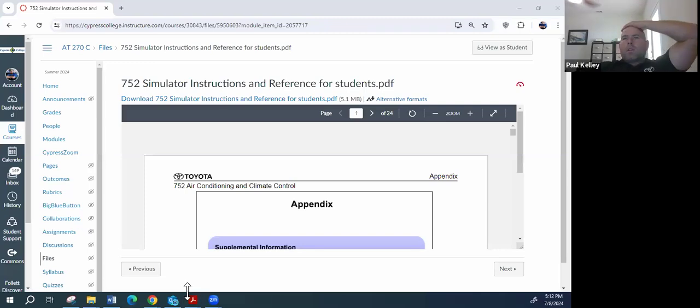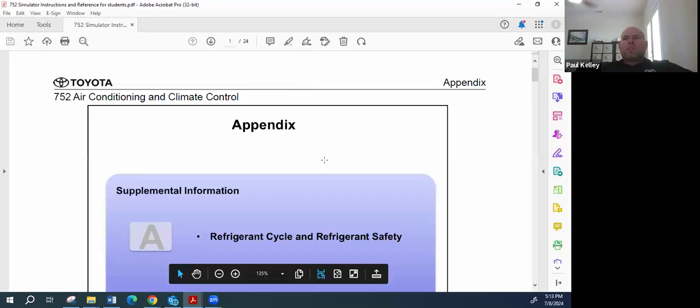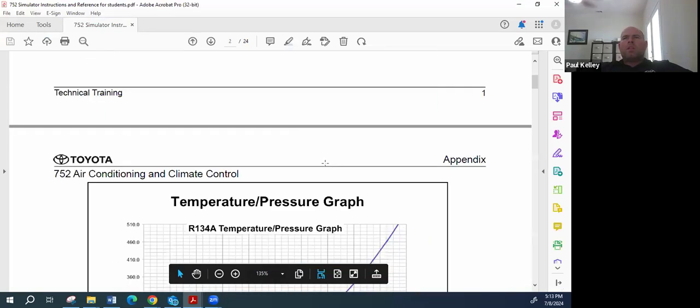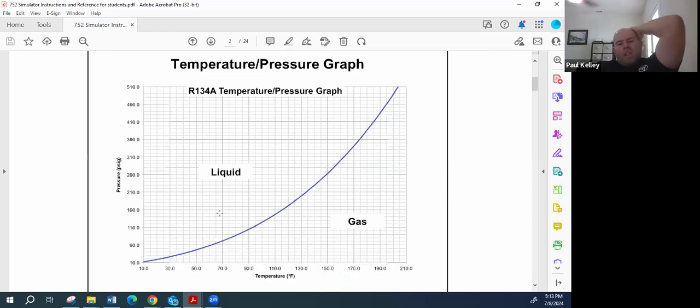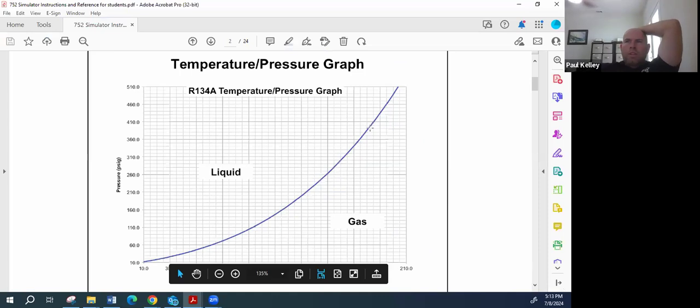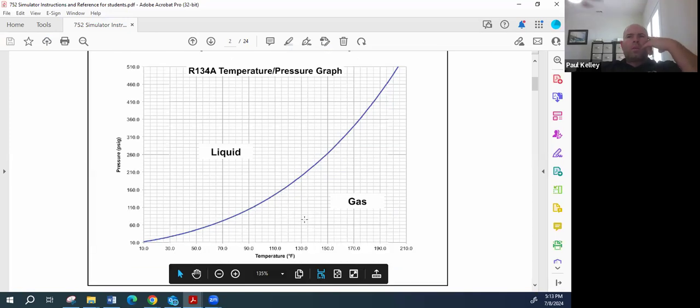I've got it on PDF. Okay, so this is what you're about to download. This is going to give you, for example, this chart. You could actually Google this fairly easily, but you could also take this and screenshot or print it and hang on to it. It's a good thing to keep in mind.